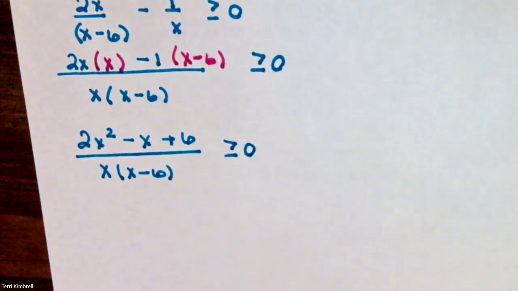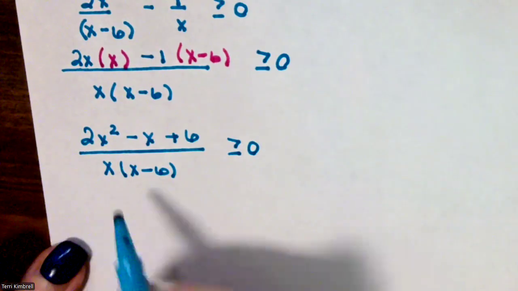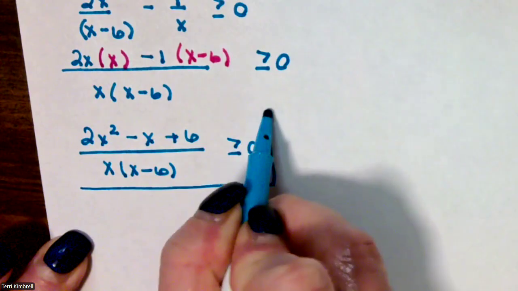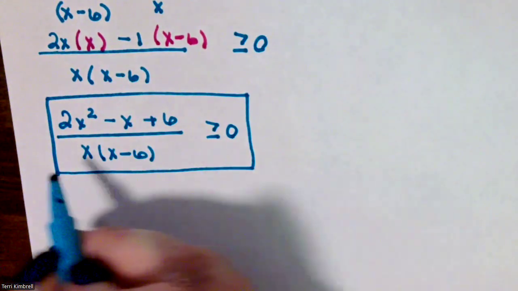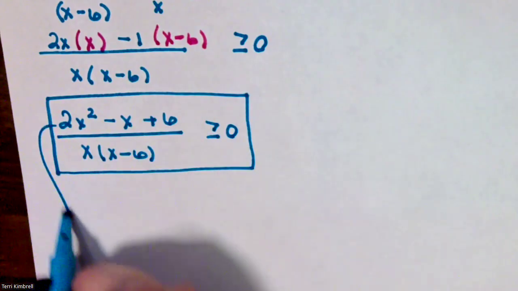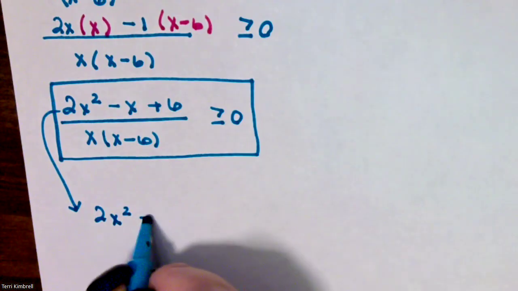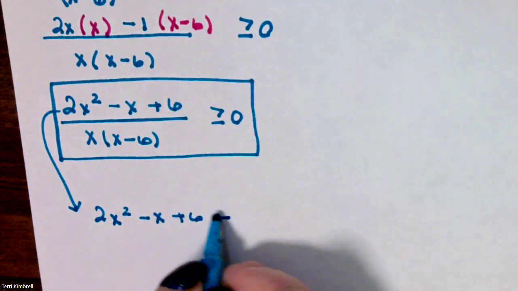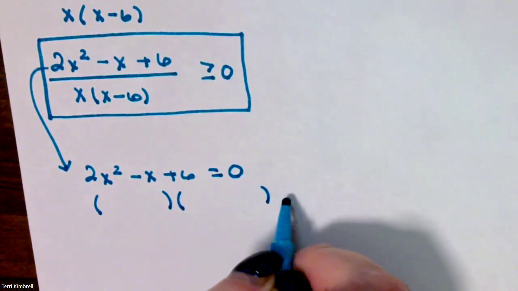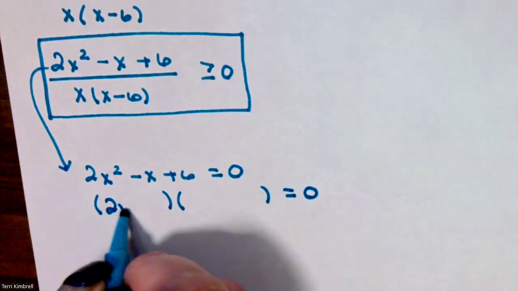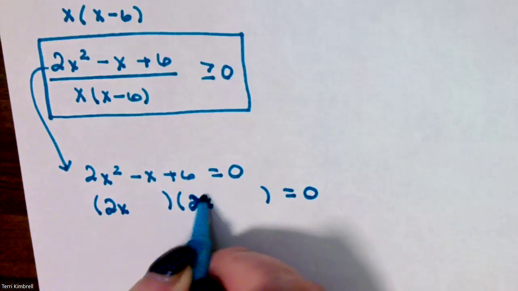Okay, and I have everything together. None of those are like terms, so I can't put any of that together. So now I'm going to take the numerator and we'll bring it down and try to factor that. So I have a 2x and an x.